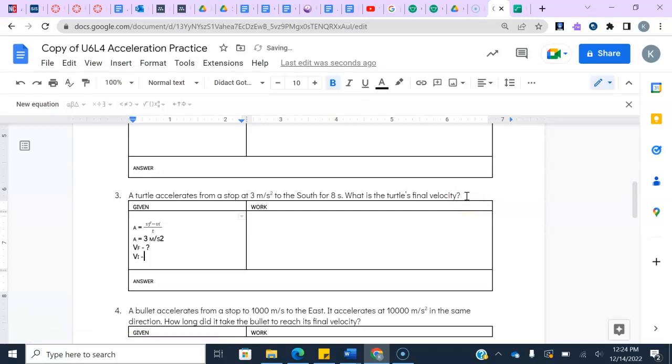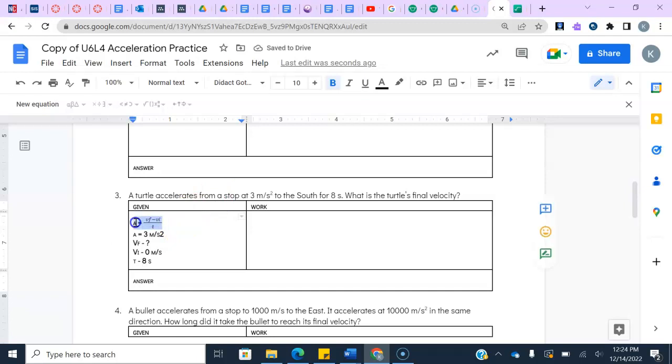Okay, our VI here, it says it accelerates from a stop. If something is accelerating from a stop, that means that the VI is 0 meters per second. Okay, and then our time is just the time it gives us, and that is 8 seconds.